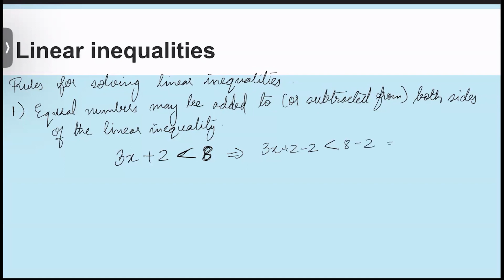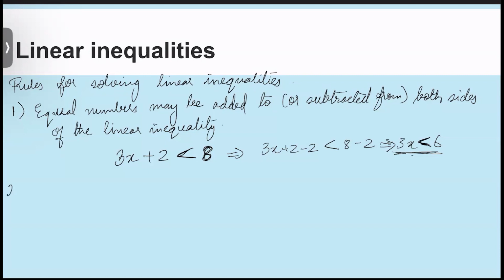What you get is 3x is less than 6. So this is a way you can do it, and once you reduce the statement to a simpler form, we will see what steps we can follow to solve it.